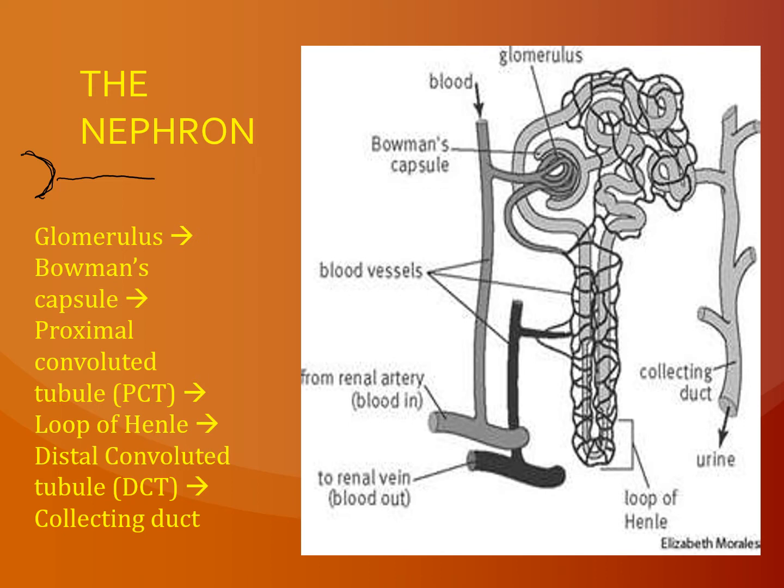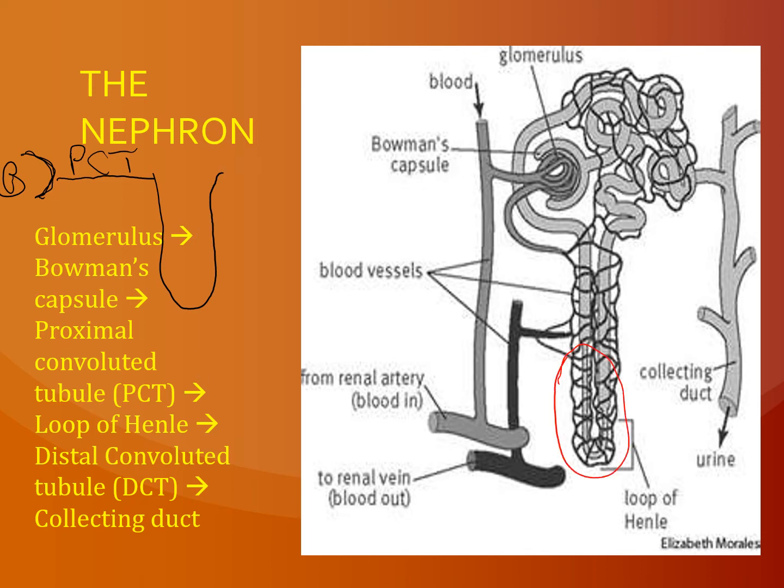So this right here would be our Bowman's capsule. This would be the proximal convoluted tubule, what we call the PCT. It then dips down into what we call the loop of Henle. Now we would have a descending loop of Henle, we would have an ascending loop of Henle, and you can see here in this picture that the loop of Henle actually gets smaller.